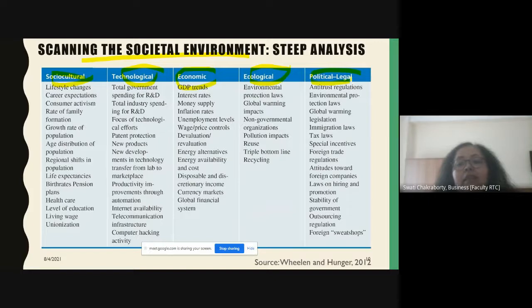And lastly, political-legal: antitrust regulations, environmental protection laws, global warming legislation, immigration laws, tax laws, special incentives, foreign trade, attitudes towards foreign companies, hiring and promotion laws, stability of government, outsourcing regulation, foreign sweatshops.